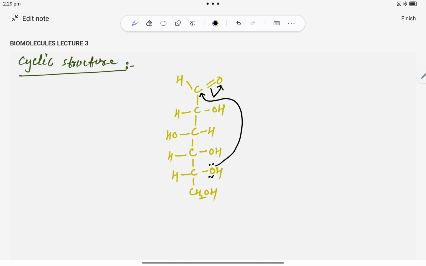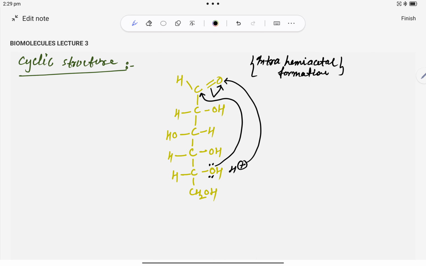From here H plus is free, just like hemiacetal, and that will be attached with this oxygen, O minus. It's an intrahemiacetal formation, in the same molecule.